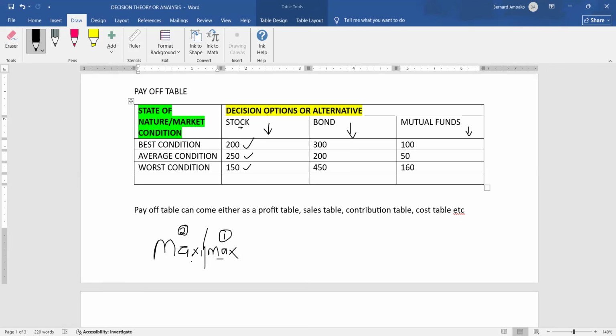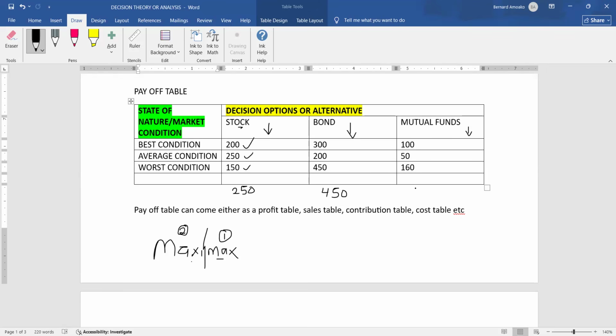Which one is the highest or which one is maximum? The maximum is 250. Then under bond, which is a decision option, what is the maximum for them? The maximum is 450. Then under mutual funds, what is the highest?